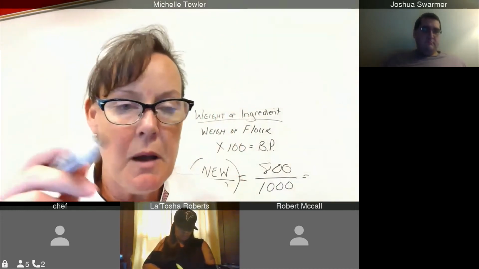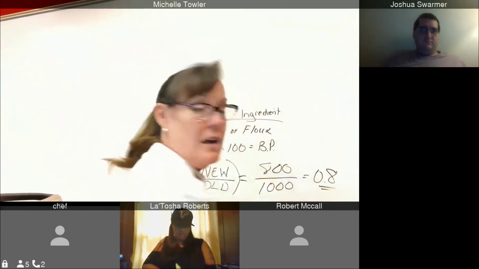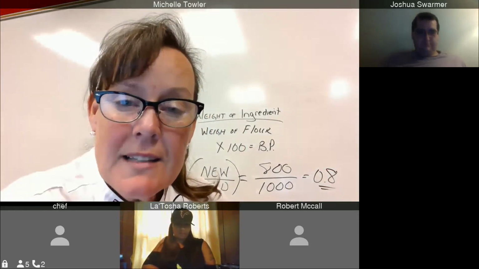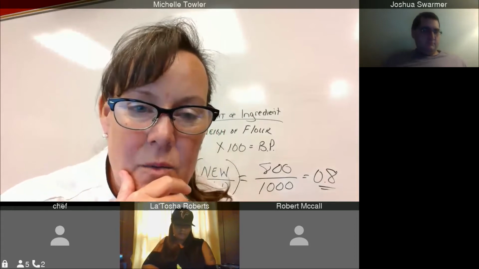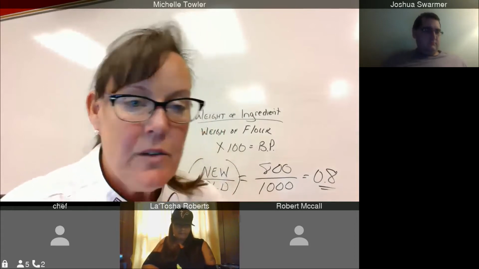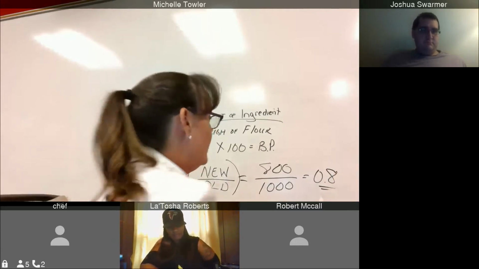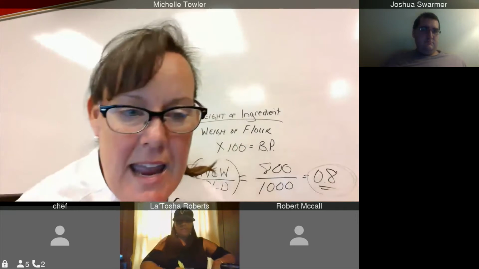So you notice, here's my point. That's 0.8, all right? You notice that's less than 1, right? So less than 1 means you're decreasing the quantity in the recipe. So now you would take that recipe and you would times everything by that 0.8.